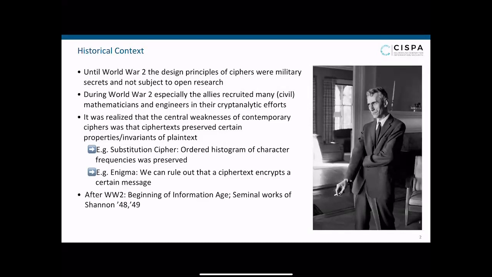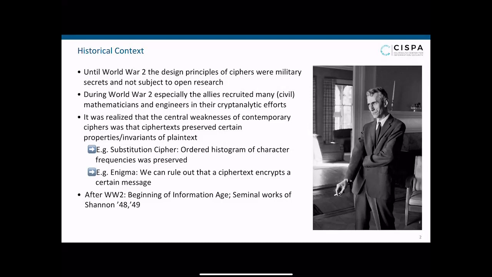And of course, these civil researchers and mathematicians came back from the war, and this was also the onset of the information age. Until the 1940s, essentially all computations necessary for any given task had to be performed by hand.